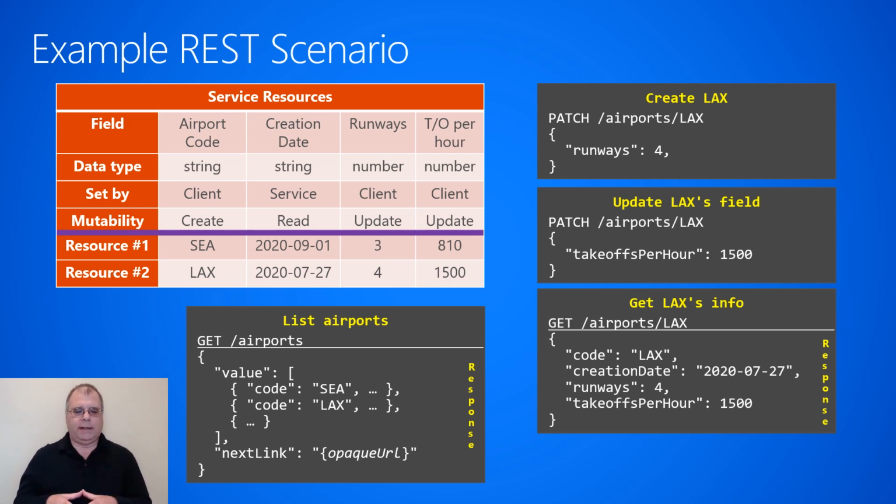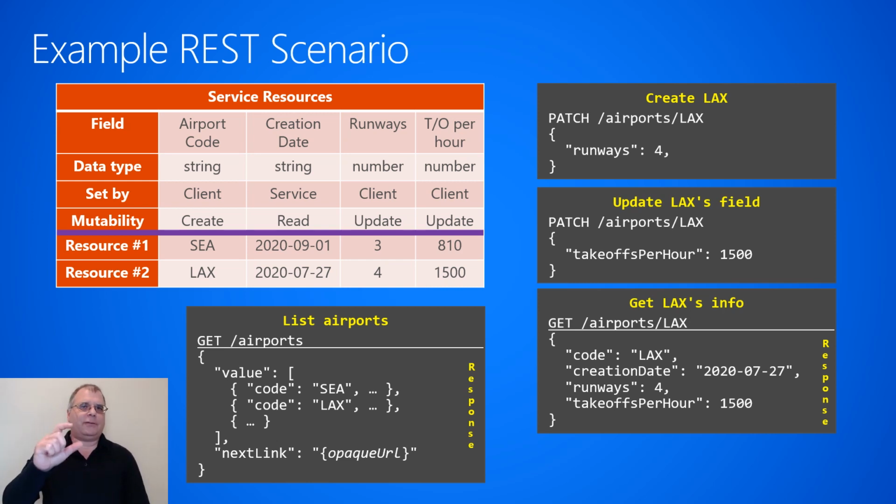Another reason why it's useful to have the code in here is because when you model a data structure in a programming language that has an airport resource in it, you're going to put fields in that data structure. And when the payload comes back over the wire into the client, you'll deserialize that payload into the structure. Well, if you don't have the code coming over, then the structure has the information, but only the caller knows to what airport that information applies.